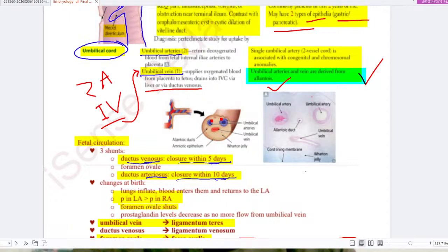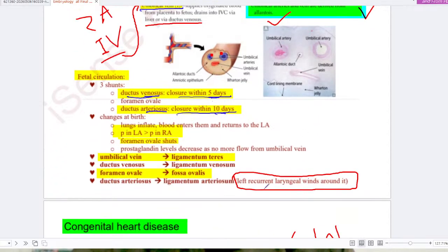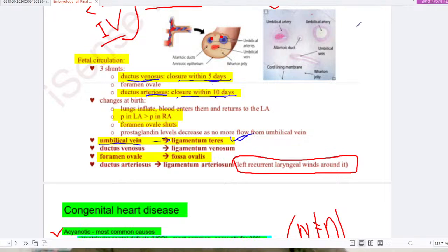Now the changes. The umbilical vein is important. The umbilical vein becomes the ligamentum teres. You remember the ligamentum teres, where we studied it in the liver.